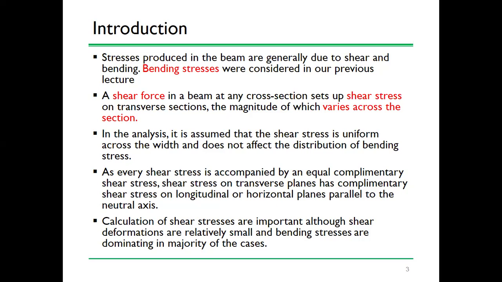So we noted last time that whenever we have bending moment, the resulting stresses are called bending stresses. And now again, anytime we have shear stresses or shear force, the resulting stresses are called shear stresses.